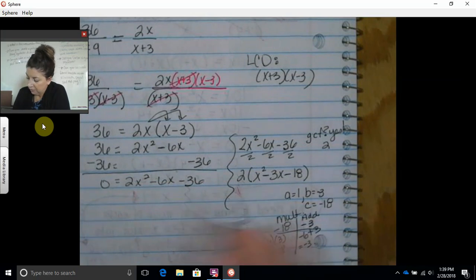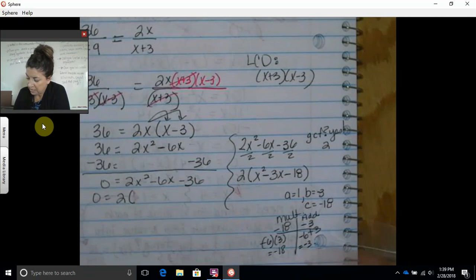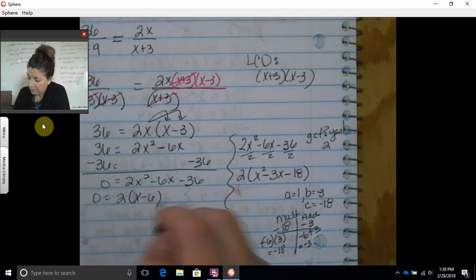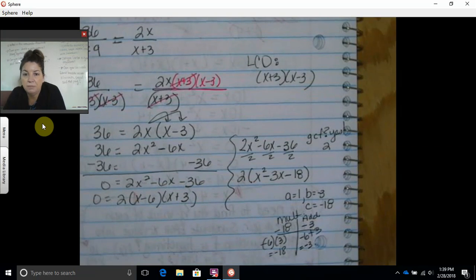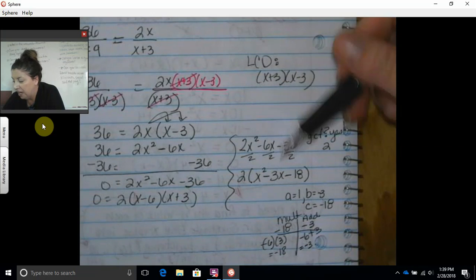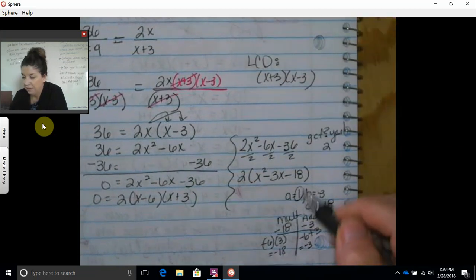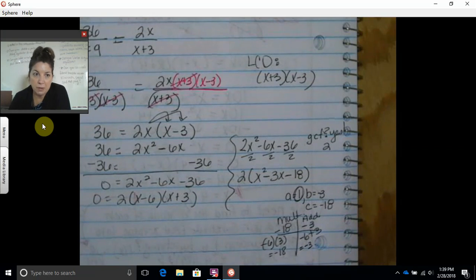So we have, run out of room, 2 times x minus 6 times x plus 3. And do we need to divide and slide? No, because remember, you're not looking at the original A. I'm factoring x squared minus 3x minus 18, where A is 1. And if A is 1 and we divide by 1, it's not going to change anything.